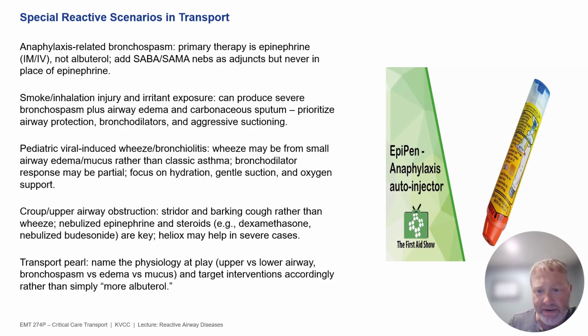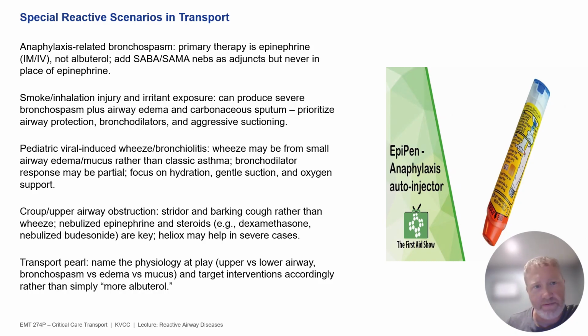So humidified high flow oxygen for increased work of breathing, positioning so they can breathe as comfortably as they can, and suctioning whenever you've got visible secretions, or audible ones if you hear them on auscultation. Severe cases, high flow therapy, non-invasive ventilation.